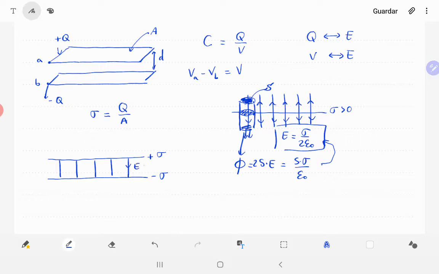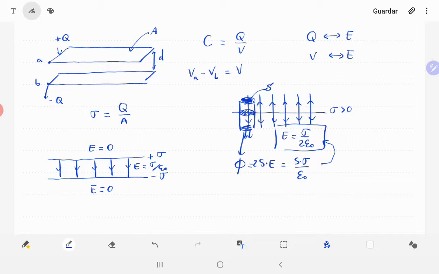So the total electric field here is going to be sigma divided by epsilon sub 0. And outside, both electric fields are going to cancel out, so the electric field outside is going to be 0. Okay, so this capacitor is managing to store all the electrical field between the plates of the conductor.